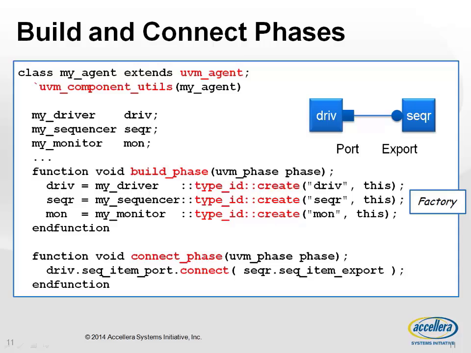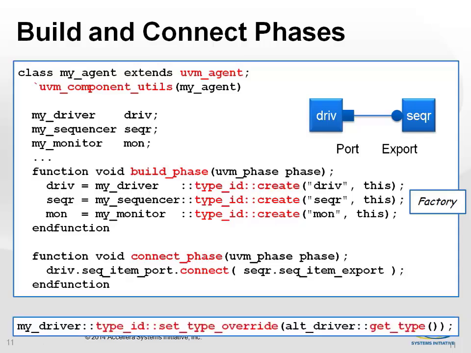So the factory mechanism is going to allow us, if we wish, to change or replace or override some aspect of this existing code. Just to give you a flavour, down at the bottom here, we've got a type override that's going to work with the factory. You can think of the factory as being, well, a factory, something that makes something. And in UVM, factories make objects.